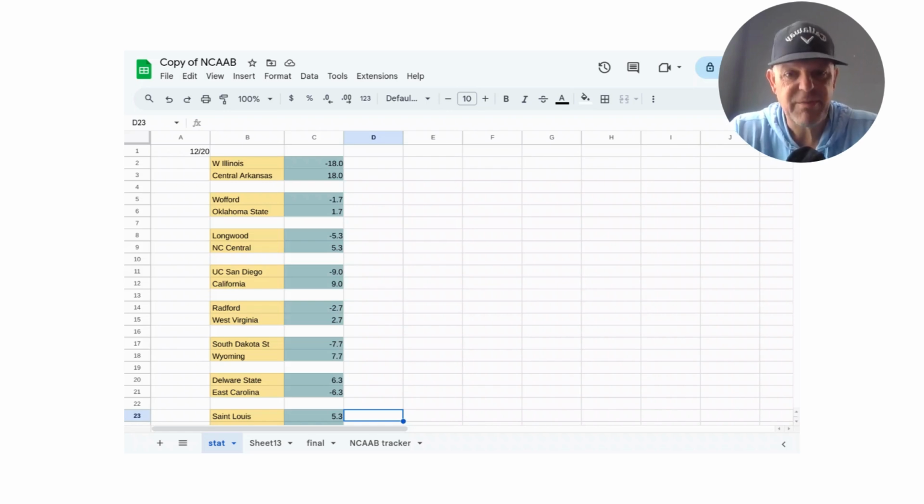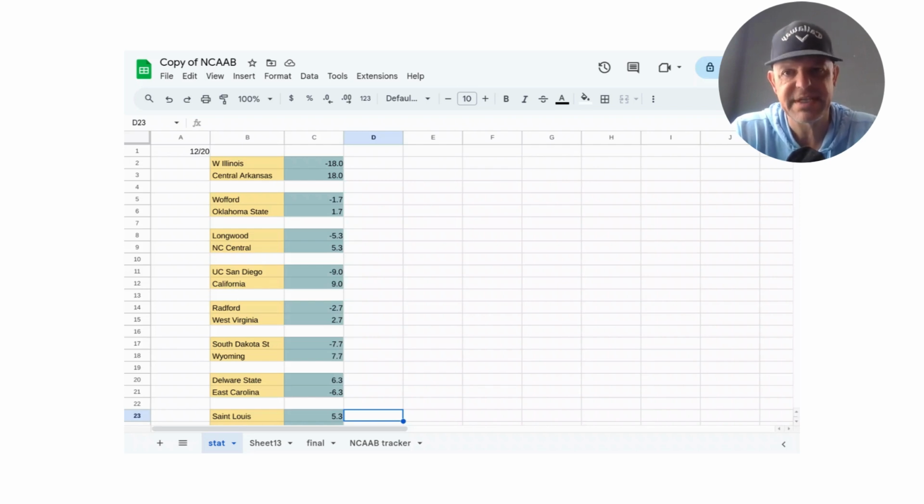And then once you have a model, which we're looking at now, this is my NCAA basketball model from 12/20. You have to create what we call a criteria, meaning what would designate a potential play. Now, in the past, one potential way to do it, let's take a look at this. For example, Western Illinois, it's minus 18.